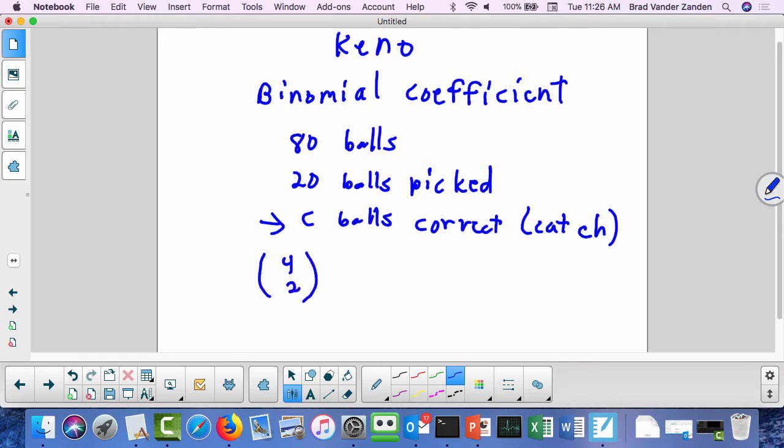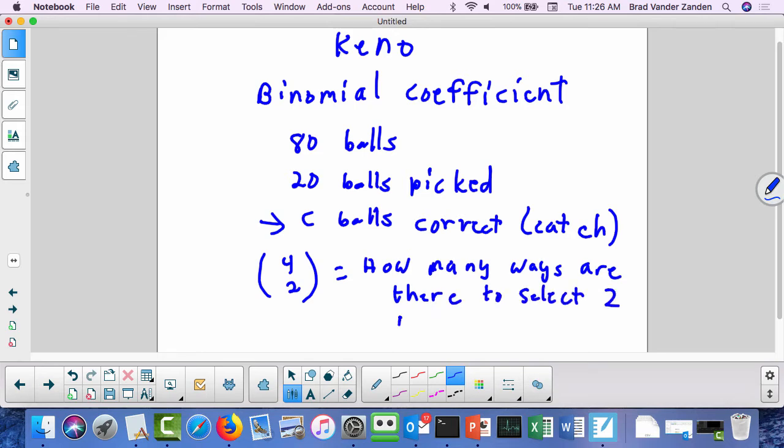And what it essentially is saying is how many ways are there to select 2 balls from 4 balls. In general, the idea is if I give you X, Y, it's how many ways are there to select Y balls from X balls.